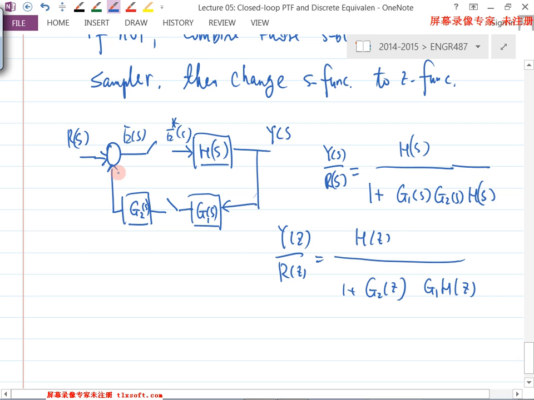It's R of S minus this signal. This signal is G2 of S times this signal, which you can call M star of S, whatever you want to call it. So you go over the loops by properly labeling the signals at each location. Then you combine these things together, find the ratio, and you should get the same result.